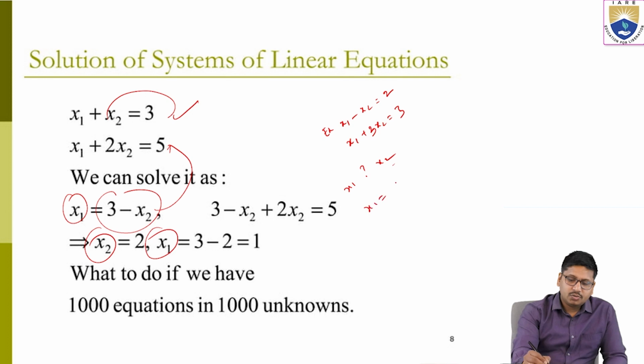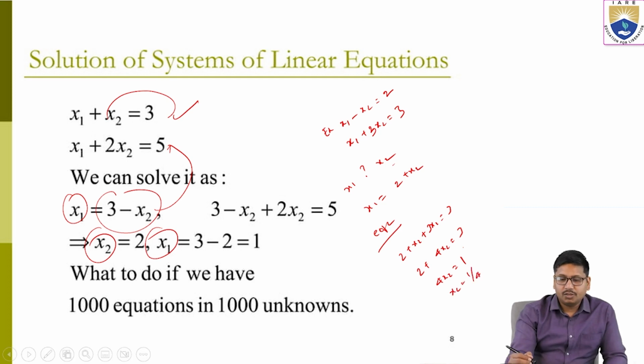So x1 is equal to, from equation 1, 2 plus x2. After substituting this in equation 2, what will happen? 2 plus x2 plus 3x2 equal to 3, and 2 plus 4x2 is equal to 3, so 4x2 is equal to 1, that is 3 minus 2, and x2 is equal to 1 by 4.